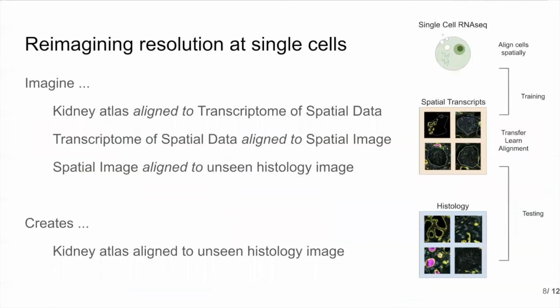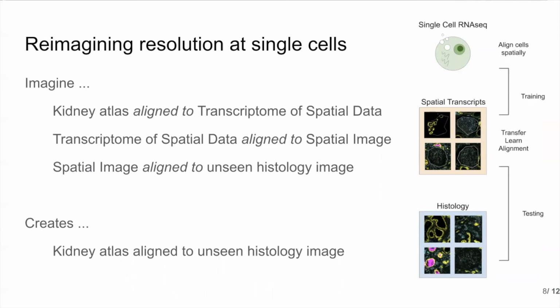So now that I've described generative encoding, how it works and what it can do and how you can use it, we'll go to the main core of the talk, which is using it on spatial transcriptomic datasets. So let's say, for example, you had a kidney single-cell RNA-seq dataset, and you could align it to the spatial transcriptomic information, that is gene by spot or tile.